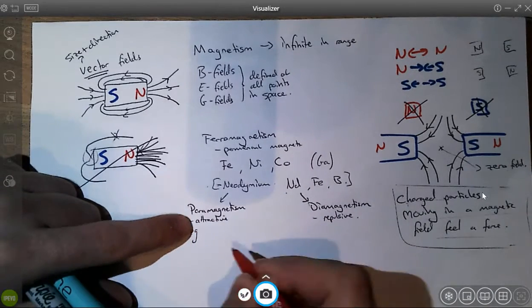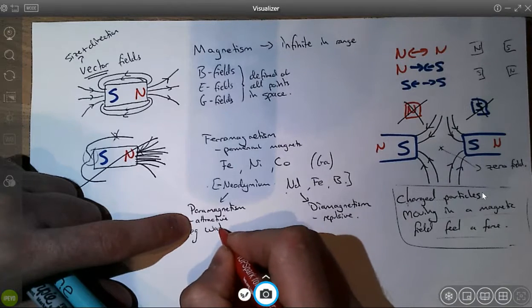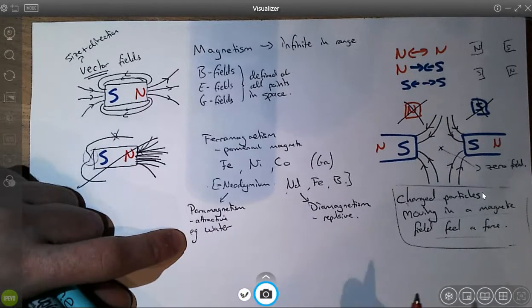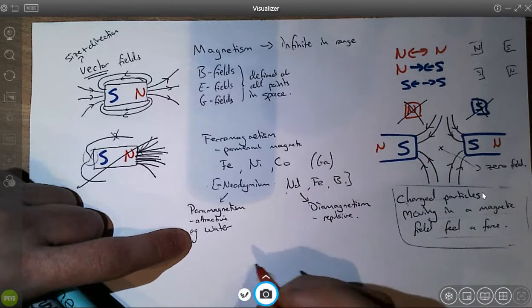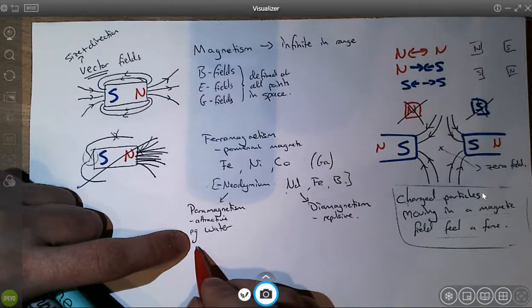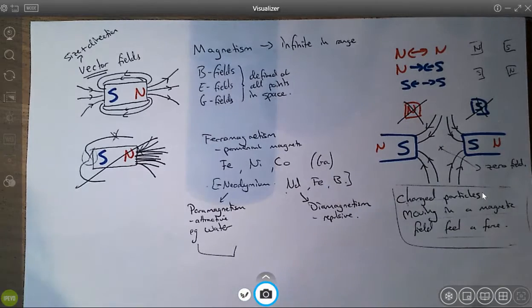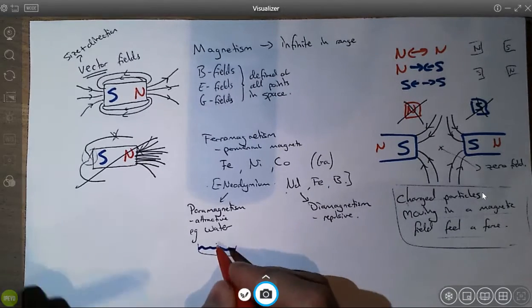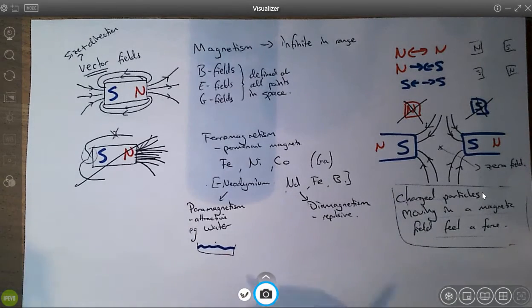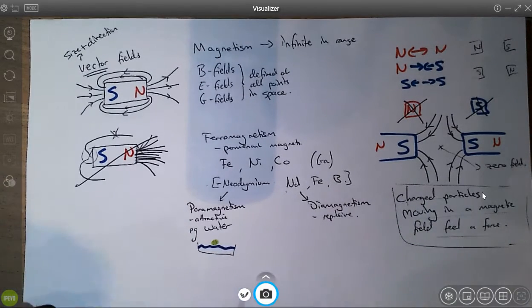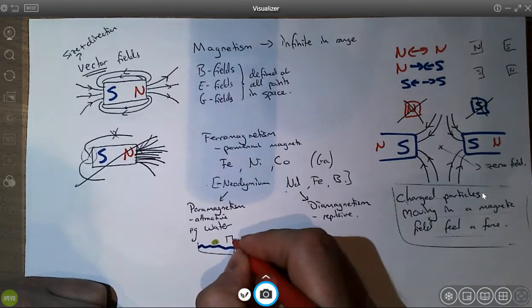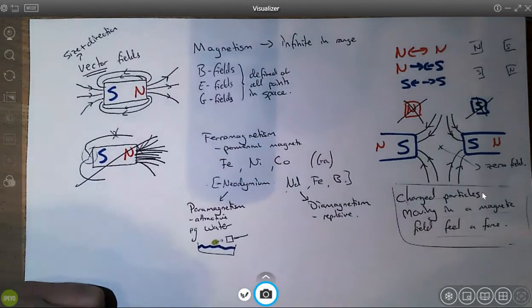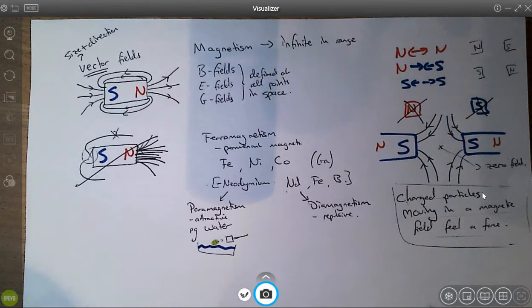So an example of something that is paramagnetic is water. So you can look up the levitating frog video. That's really interesting. Or you can do a really nice demonstration with grapes. Right, if you get some water and you float a grape on it, and then you get a really strong neodymium magnet on a stick, so we have these in the prep room, the grape will be attracted to the magnet, right?